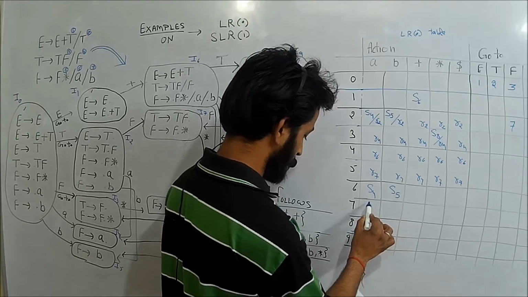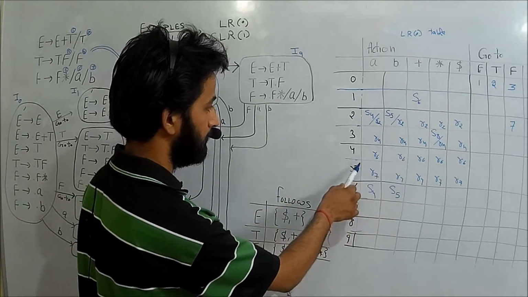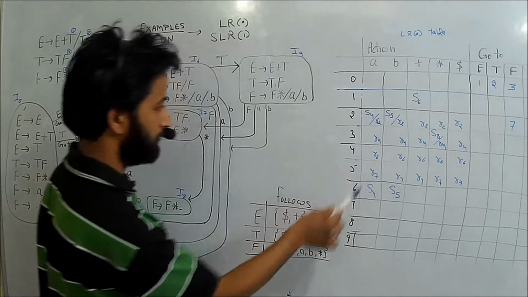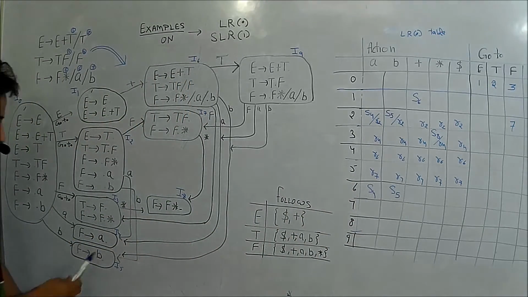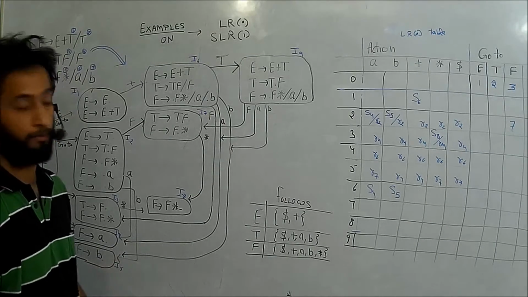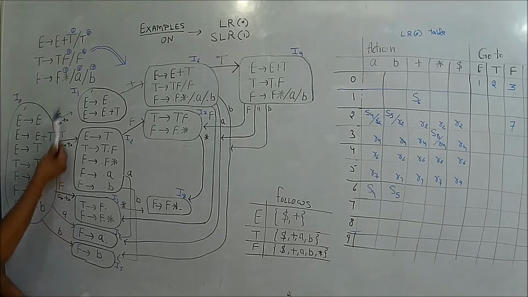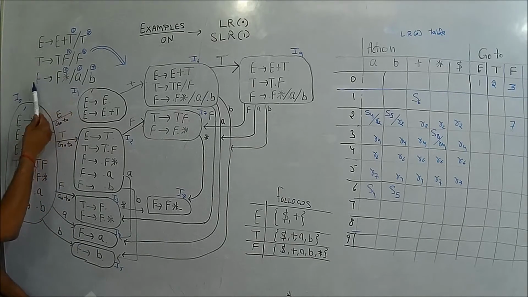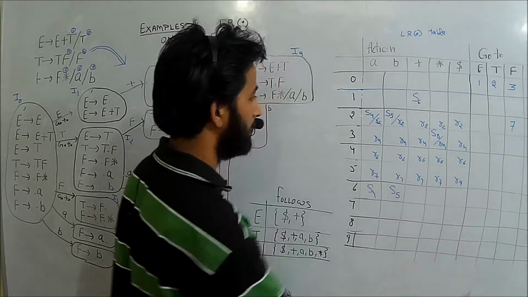Next means 7. For fourth state, in which we can reduce a to F because dot is at the rightmost side of the production. So we can reduce this a to F, and the number to that is 6th. So I will apply the reduce move in the complete row.